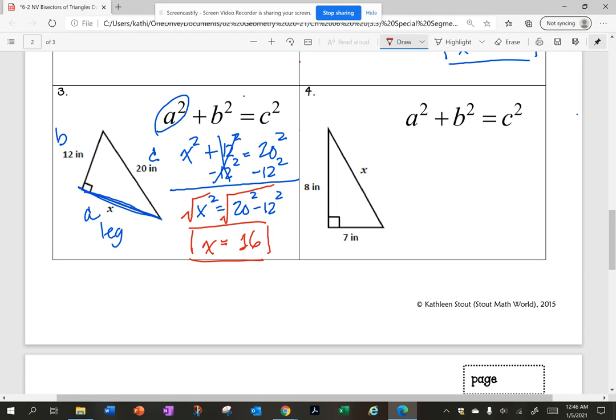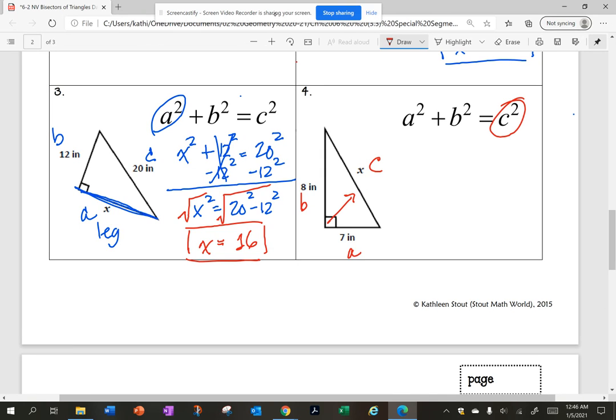How'd you do? Number 4, this is across from the right angle, so I know I'm solving for c. It doesn't matter which one I call a or b, they're both legs. So substituting in, I get 7 squared plus 8 squared equals x squared.